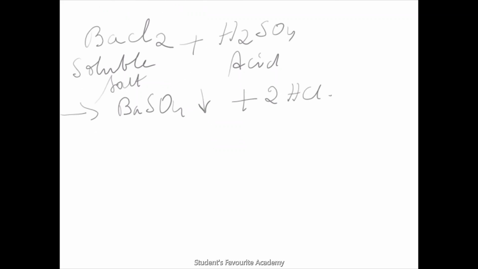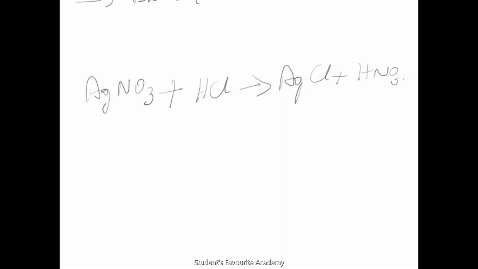Similarly, silver nitrate plus hydrochloric acid gives silver chloride plus nitric acid. So this is another method of preparation of salts. Silver chloride can be prepared by the reaction of silver nitrate and hydrochloric acid, as we have just discussed.